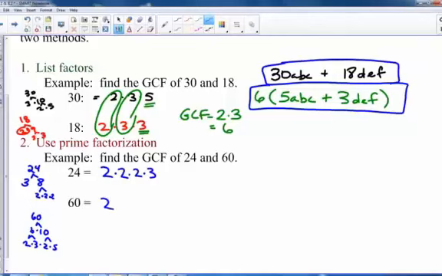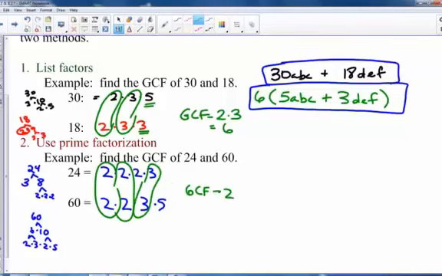I'm going to put this in numerical order just so it's easier for me to circle the common things. So I have a 2, I have another 2, and I have a 3 in common. So my greatest common factor is the first 2, the second 2, and the 3. So my greatest common factor is 12.